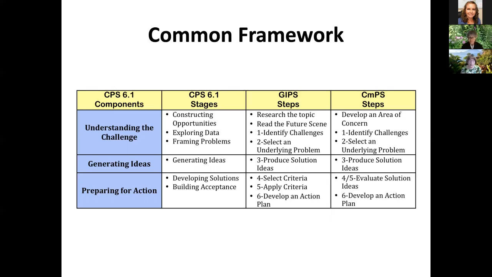So in creative problem solving 6.1, you can see the terminology that is used in their steps. If you have been involved with the global issues problem solving program, you would be very familiar with the steps of that program. And then the community problem solving process is very similar, except we start with developing an area of concern, and then the rest of it does match up with the global issues framework.